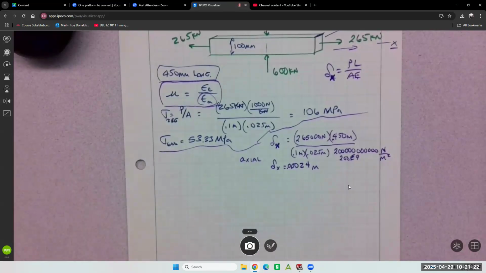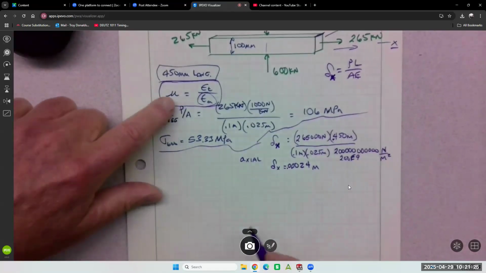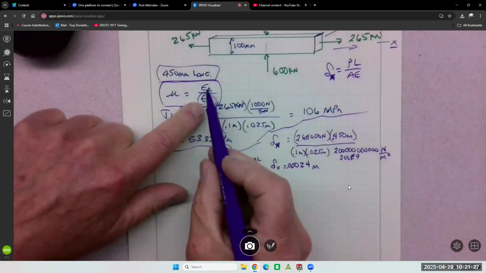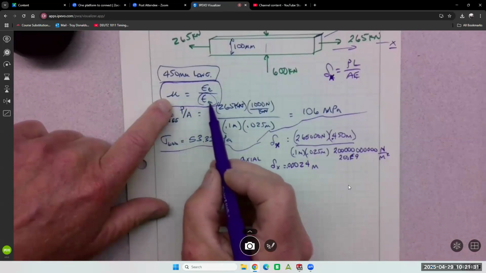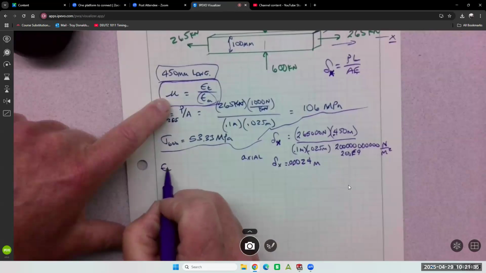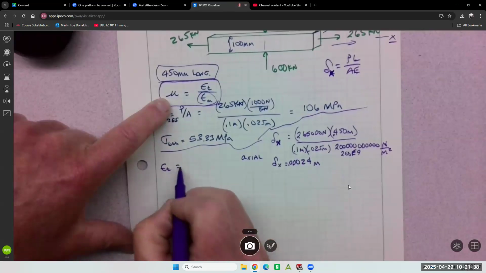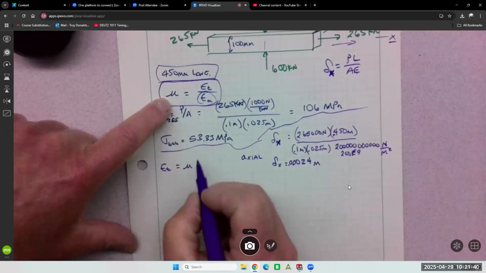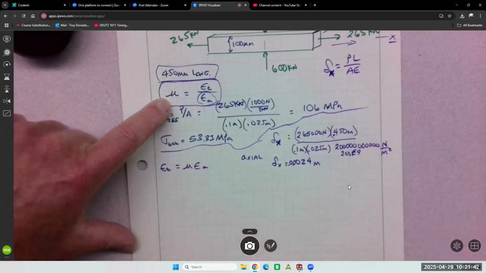All right, so now to get the transverse, we use Poisson's ratio. The transverse strain is equal to Poisson's ratio times the axial strain.